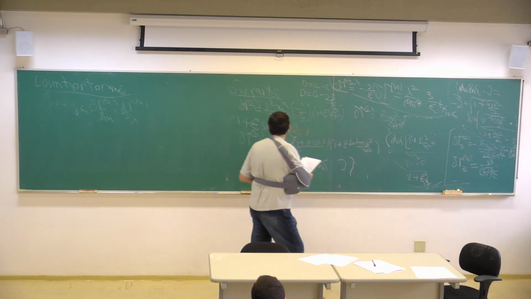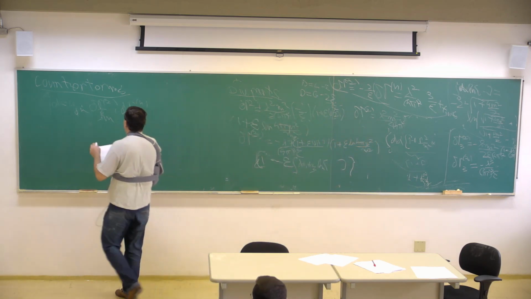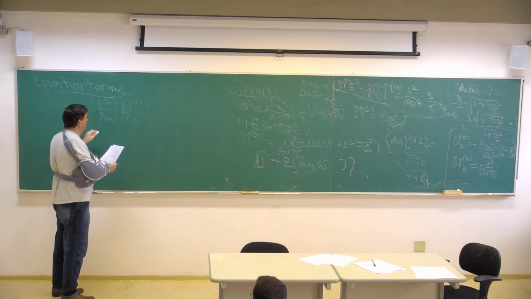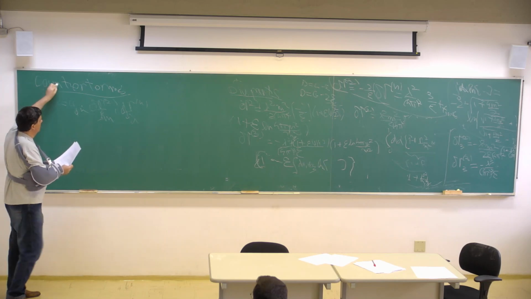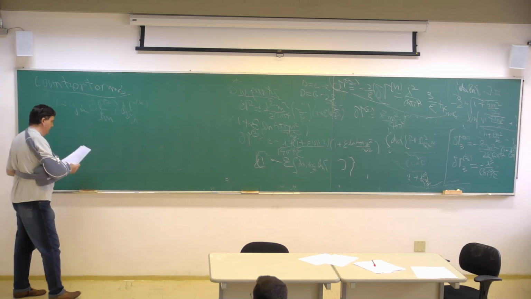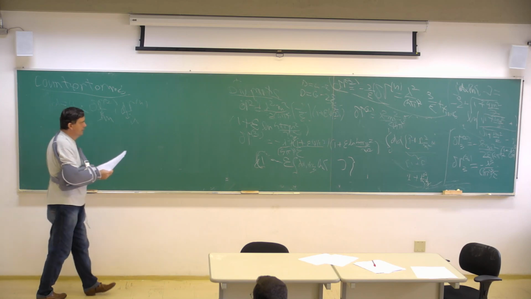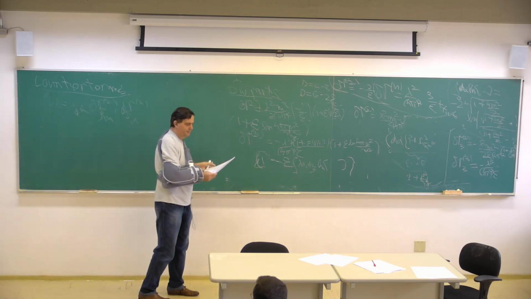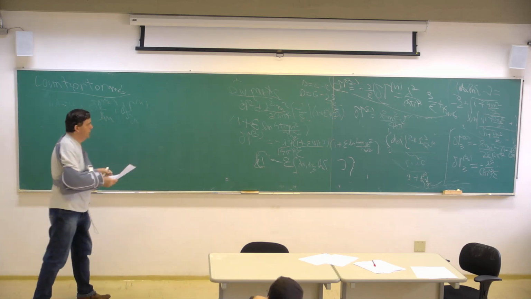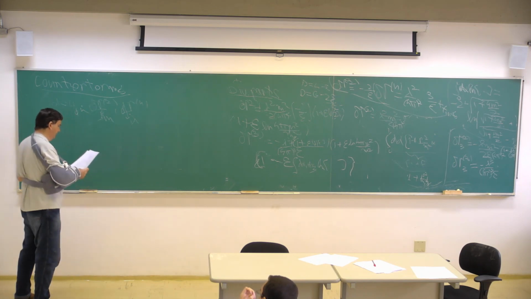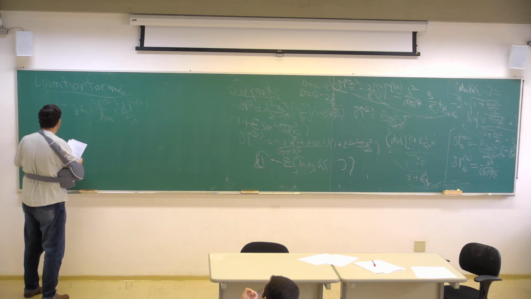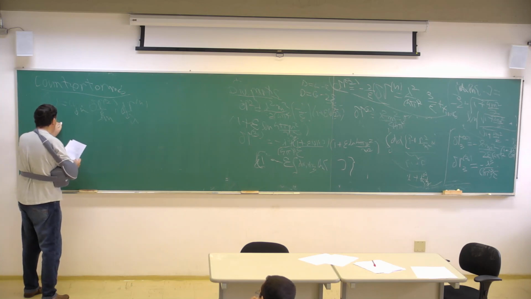All right, so the hiding of infinities amounts to adding what are called counter terms to the Lagrangian. These are terms that are infinite and are supposed to cancel the divergence that we have found. So we add counter terms.